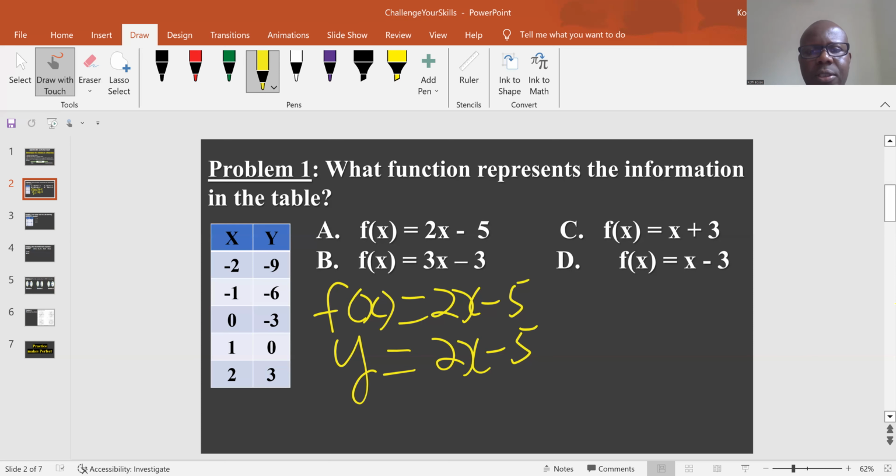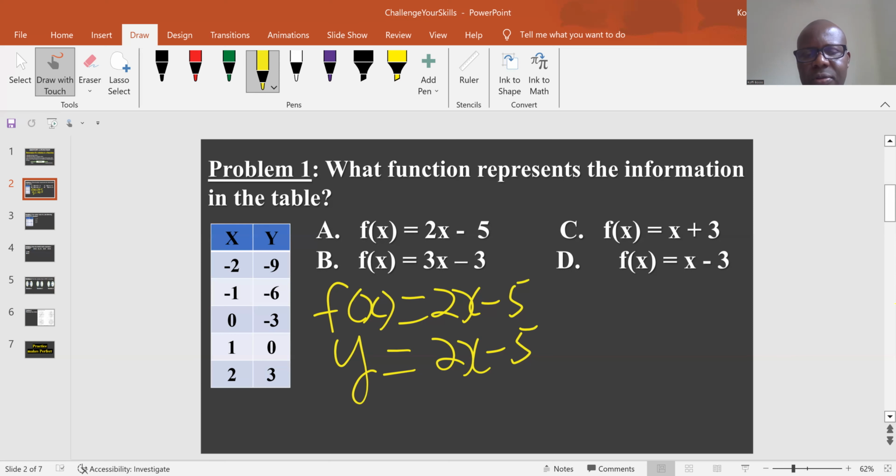Now, let's use shortcuts. We want to eliminate some choices to make the problem easier for us to solve. Therefore, I will choose 0, input x value as 0. I'm going to replace x by 0 to see which function gives me negative 3.